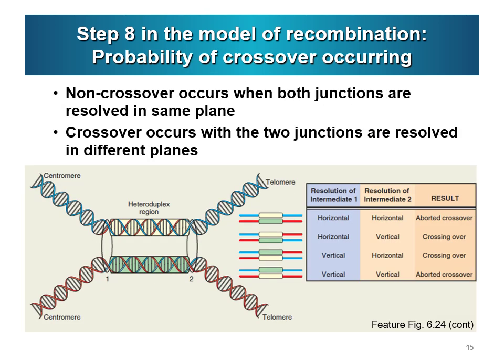Step 8 is the probability of crossover occurring. Remembering the previous slide, where the cut can happen horizontally or vertically, it can resolve in a non-crossover occurrence when both junctions are resolved in the same plane, or we can have a crossover, which will be the case when the two junctions are resolved in different planes.